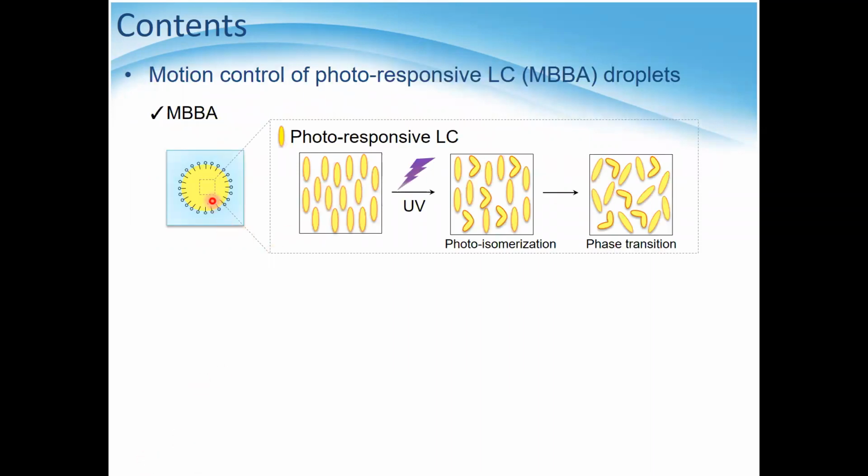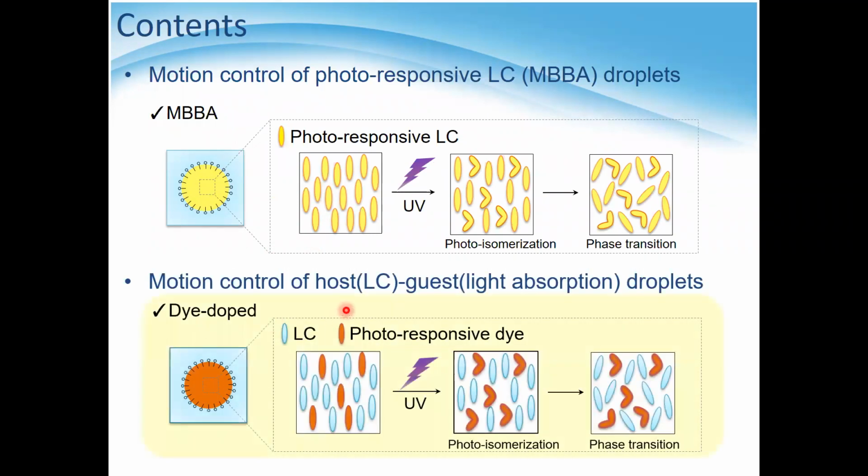So as I mentioned, MBBA has photoresponsiveness, and it itself is a liquid crystal. But in this case, it is a liquid crystal with some guest molecules, and these guest molecules have photoresponsiveness and induce some change.